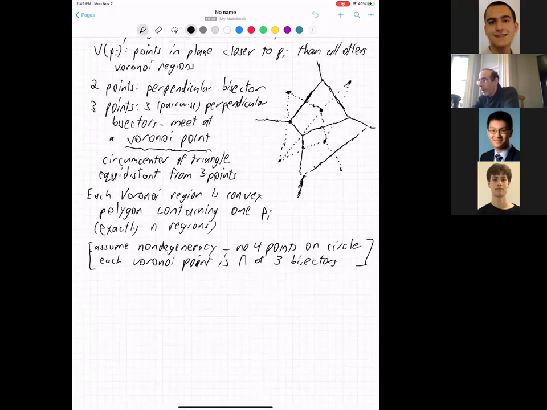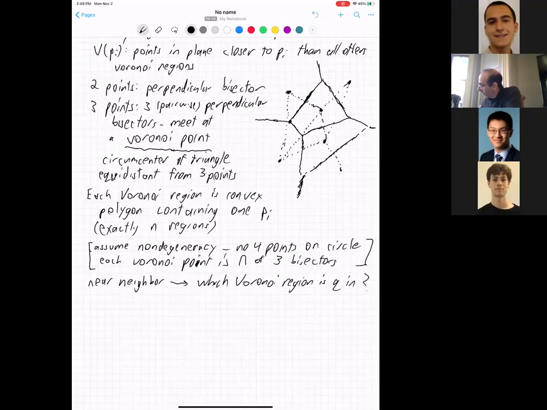Okay, so now we have this Voronoi diagram with these n regions. And now I claim that I've reduced the nearest neighbor problem to a problem that we already know how to solve. The nearest neighbor problem is simply asking which Voronoi region the query point is in.